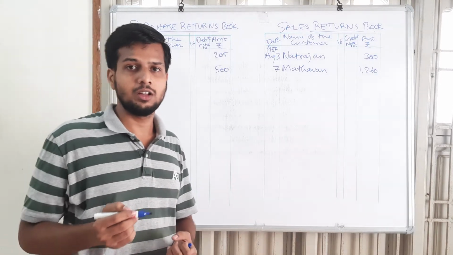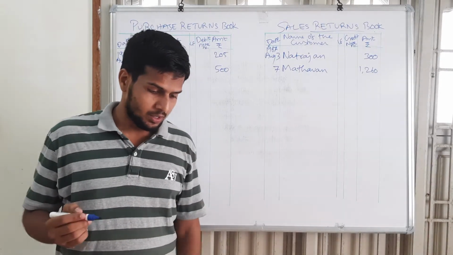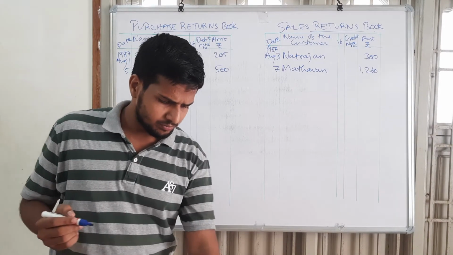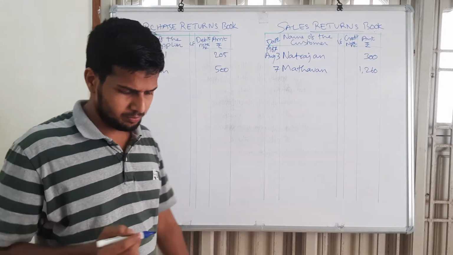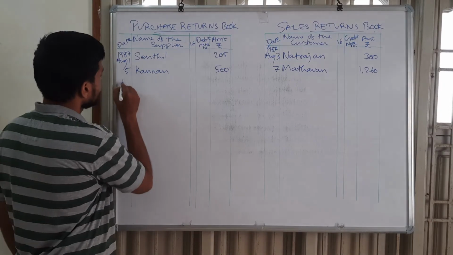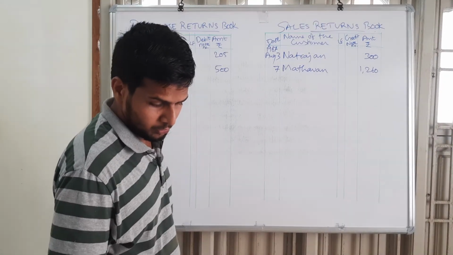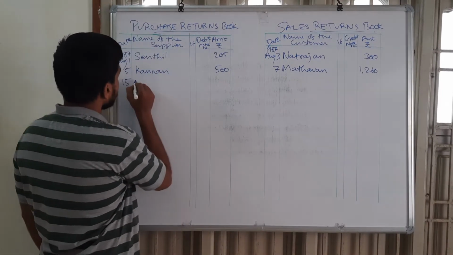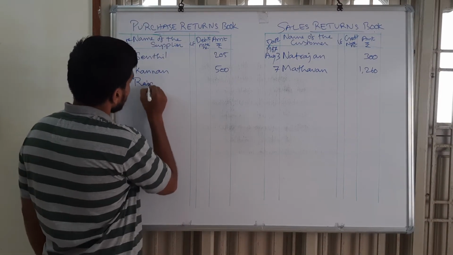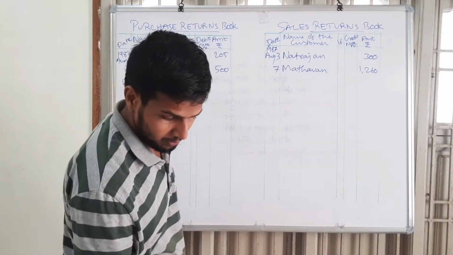What is the date? Purchase return, 15. Returned defective goods to Rajan. Name of the supplier is Rajan. What is the amount?